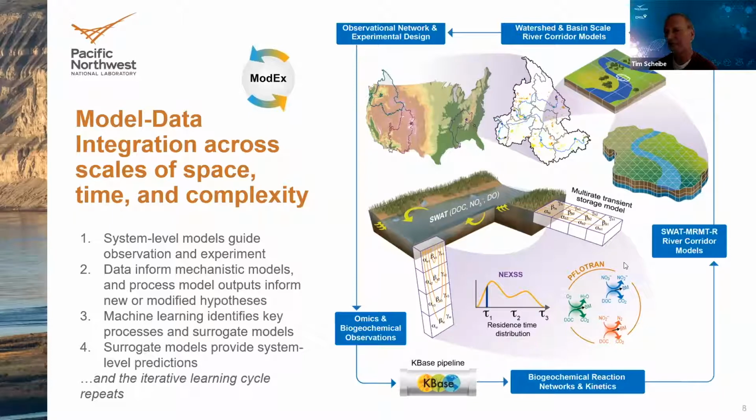I would say for our project, our experience is that this probably turns around on the time scale of months to maybe a year, because it takes quite a bit of time to go through that entire cycle of generating the complex models, predicting, using them to design experiments, collecting the data, analyzing the data, and then comparing back and updating the model. But for us that tends to occur on time scales of months to years, but it is a continually ongoing process. And in our project, we have monthly model data integration meetings where the intention is directly to address this MODEX activity within our project.